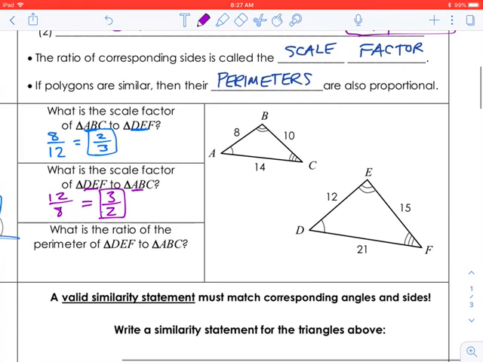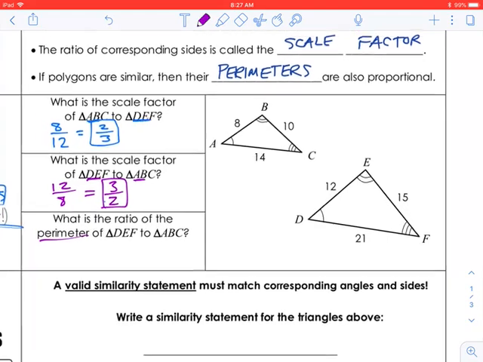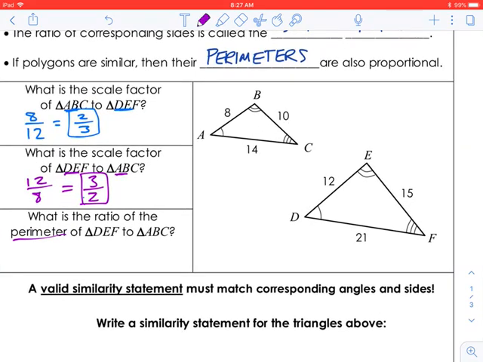Okay, and now look at the perimeter. Well, let's add those up. DEF is first, so we've got 12 plus 15 plus 21. I'm going to do that in my calculator real quick. So DEF's perimeter is 48.